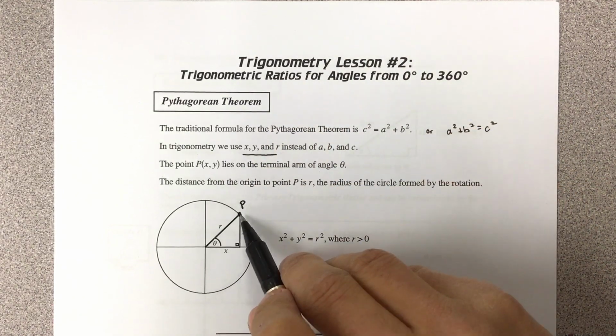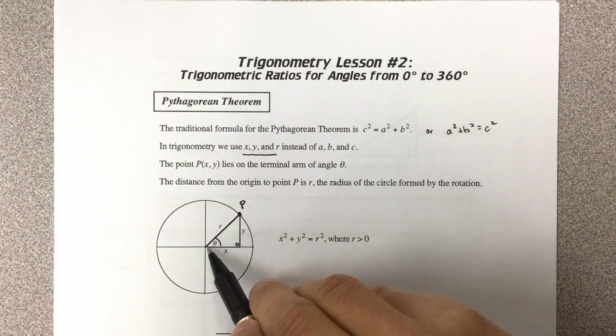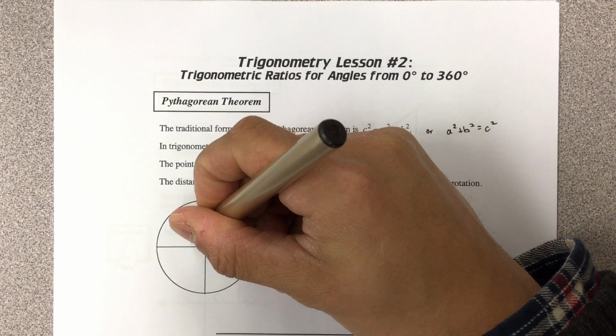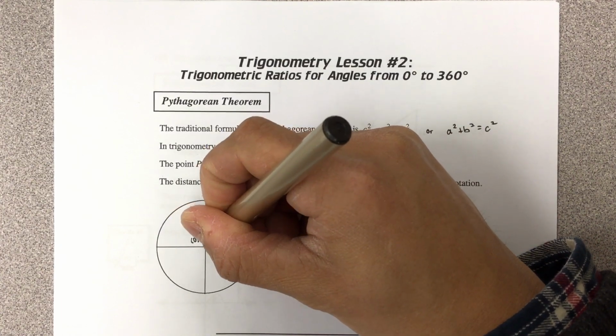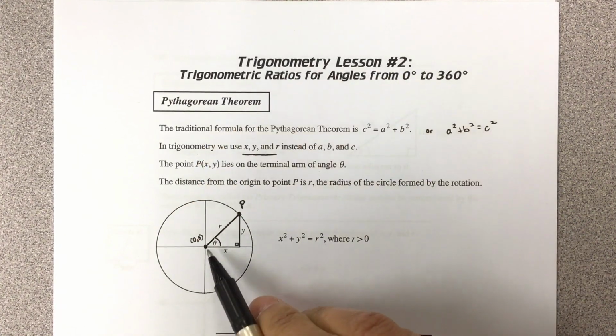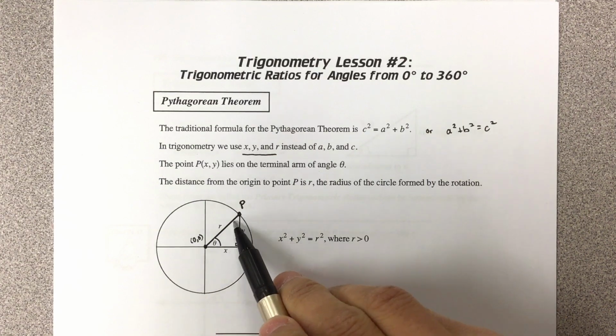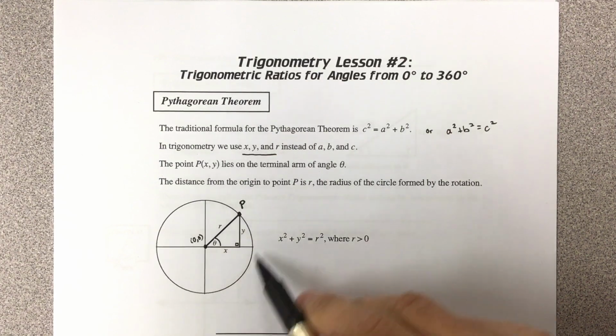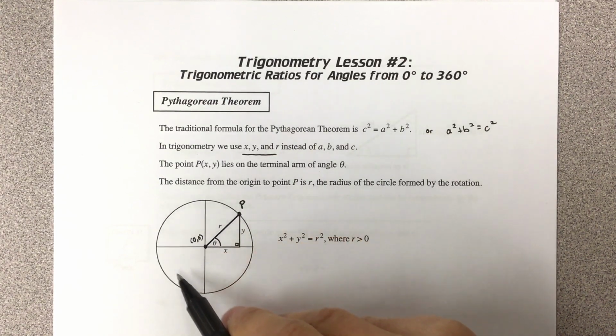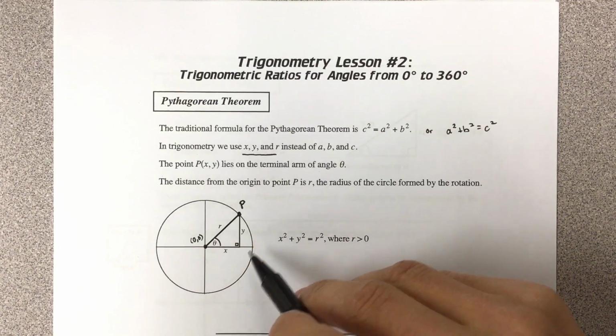And if I look at this point P, the distance from the origin, which is 0, 0, right? So the origin is 0, 0 on my graph. The distance is also equal to the radius of the circle if I rotate point P around this circle 360 degrees.